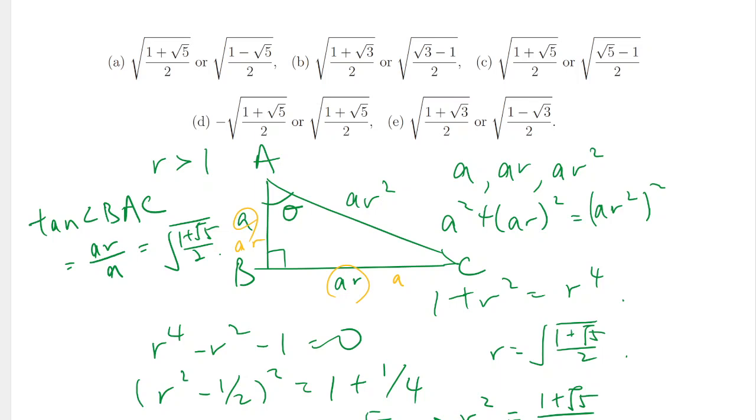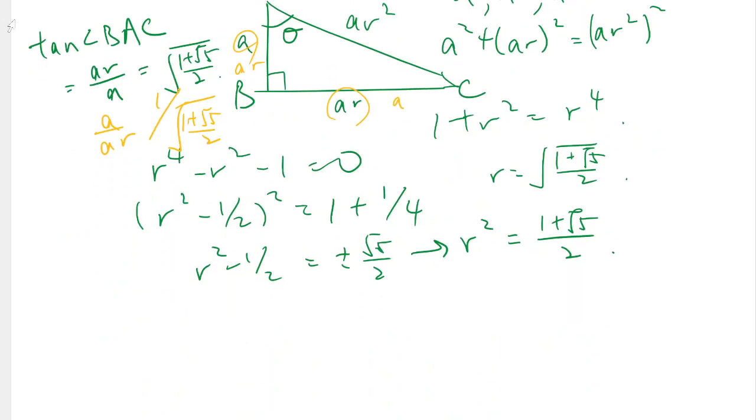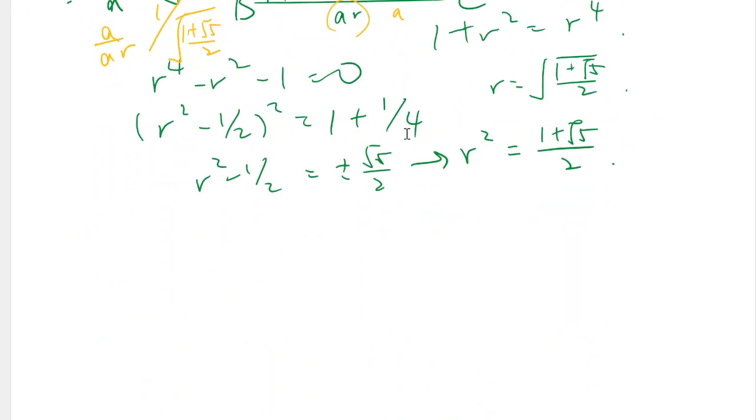So let's have a look then. That becomes a over ar instead, so that's 1 over that ridiculous square root that we've got. Let me give myself some space before I try to cram everything into one section. So 1 over that becomes the square root of 2 over 1 plus root 5, and we know how to deal with these things.